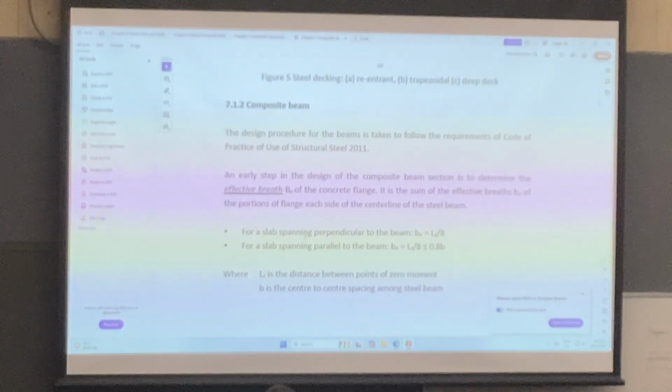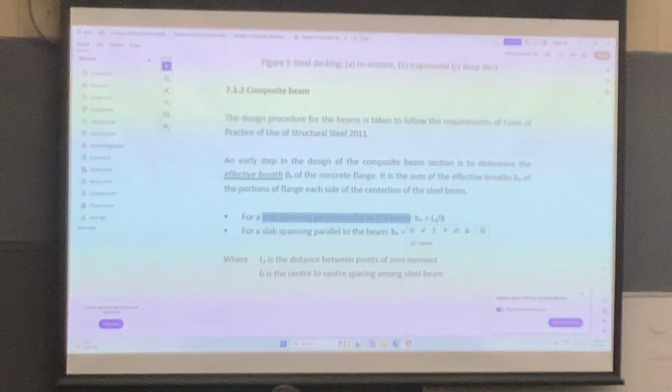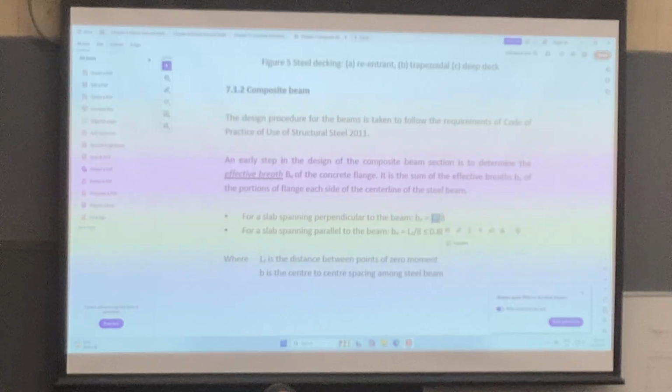So for slab spanning perpendicular to the beam, the effective width BE is equal to the span divided by 8. So if you have the span and divide it by 8, it is equal to the effective width of the beam.